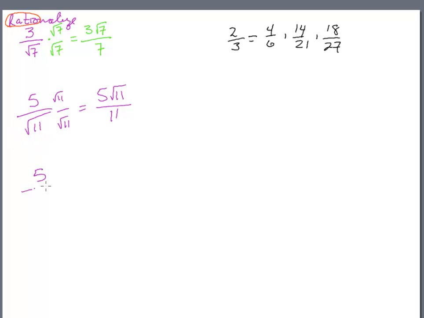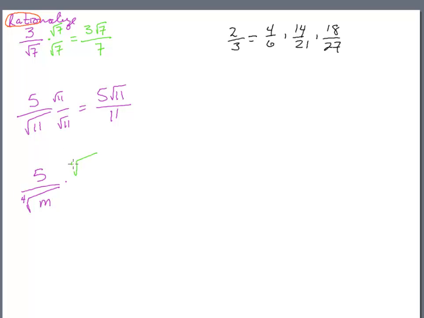A little bit of a tricky thing here. If I did 5 over, say, the 4th root of m, something like that, it's not going to work to just times by the 4th root of m. We're not going to get anywhere with that. We have to times it by something that will cause it to be m to the 4th, so it can undo that 4th root.